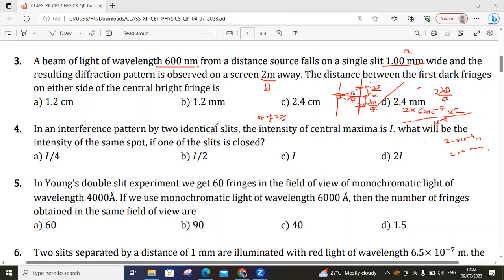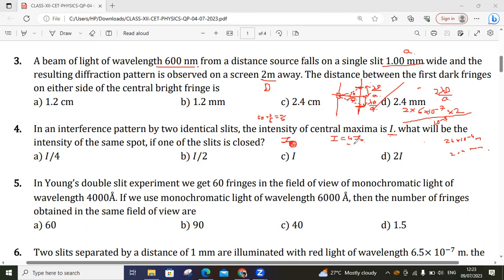In an interference pattern by two identical slits, the intensity of the central maxima is I. So 4 I naught is I. If I naught is the initial intensity of each slit's light, what will be the intensity at the same spot if one of the slits is closed? If one of the slits is closed, only I naught will come now, falling there at the center.